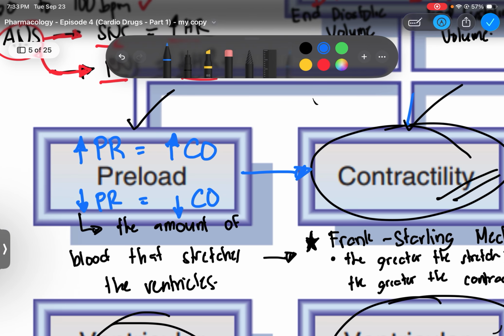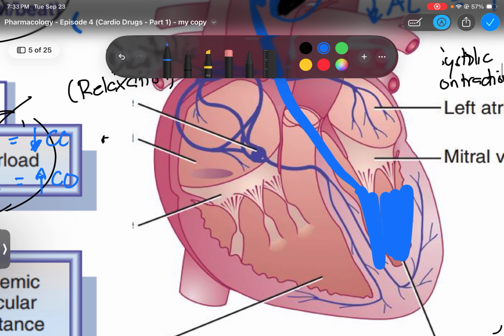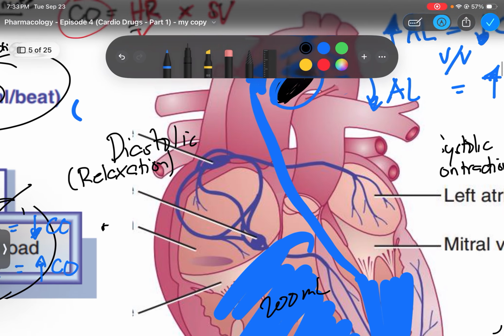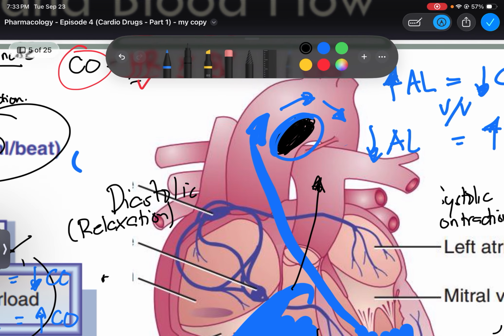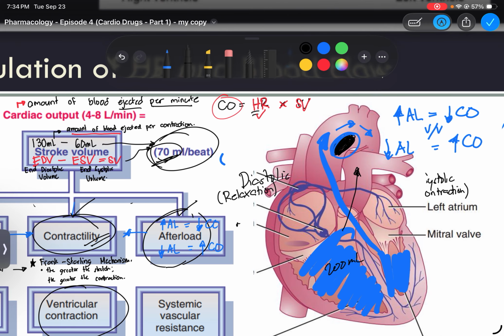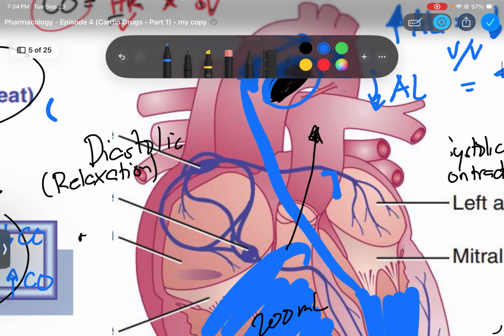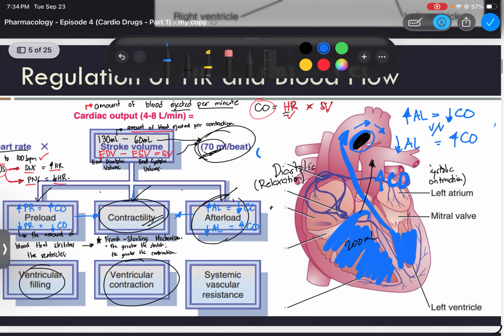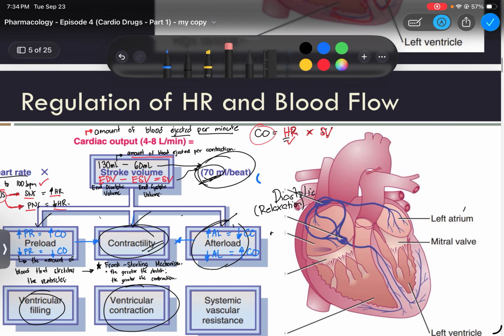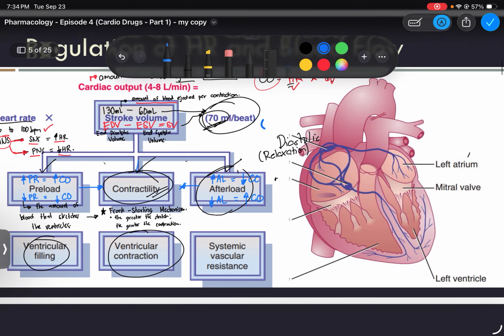If preload is increased, for example 200 ml of blood here, then there will also be 200 ml, or at least 180 ml, moving towards your great vessels, so there is going to be an increase in cardiac output, and it's also vice versa. So that is the regulation of the heart rate and blood flow.